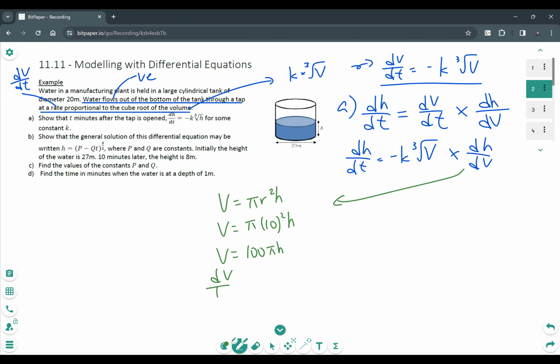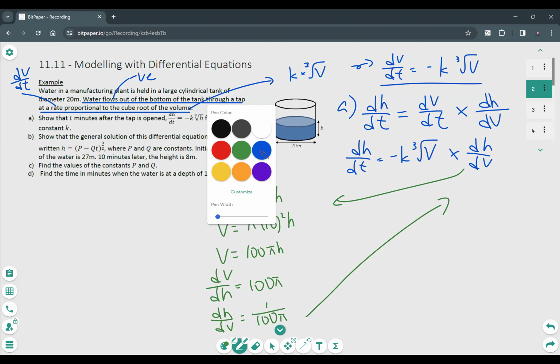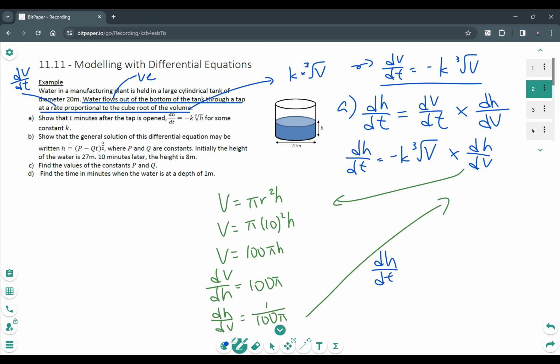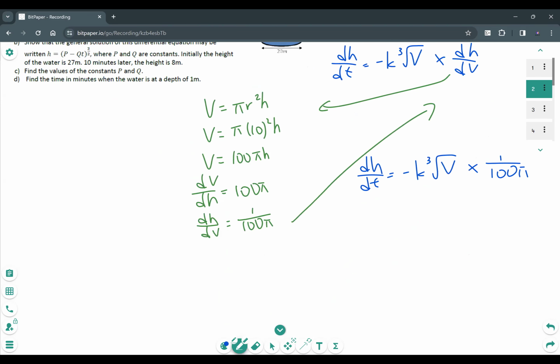Then dV by dh is 100 pi. So dh by dV, flipping both sides, is 1 over 100 pi. We'll put it back in. Then our equation becomes dh by dt equals negative k times the cube root of V times 1 over 100 pi. I don't like this as two fractions, so I'm going to put them together.